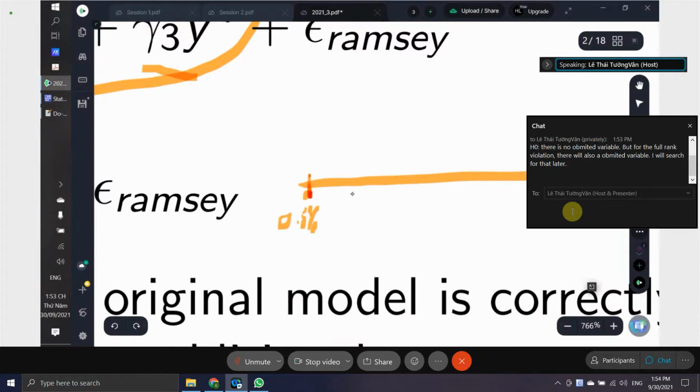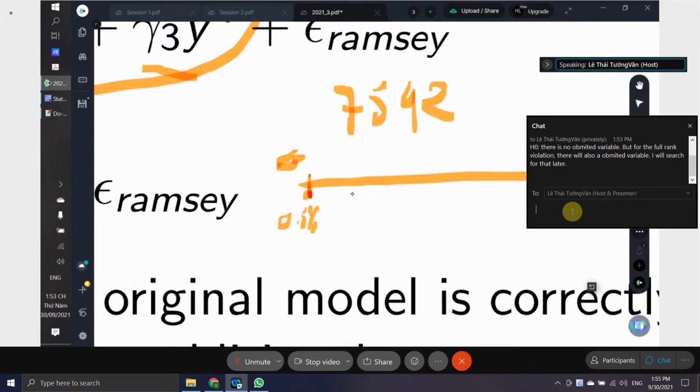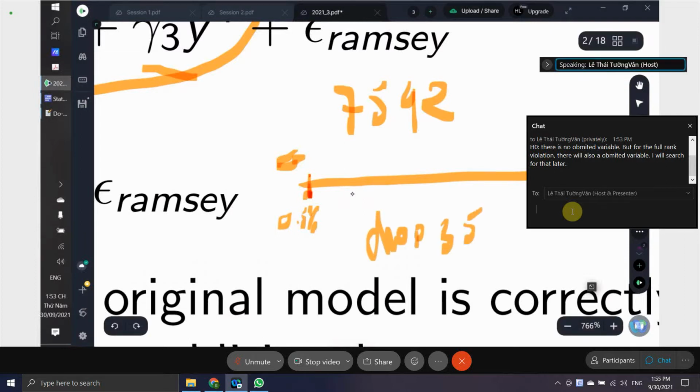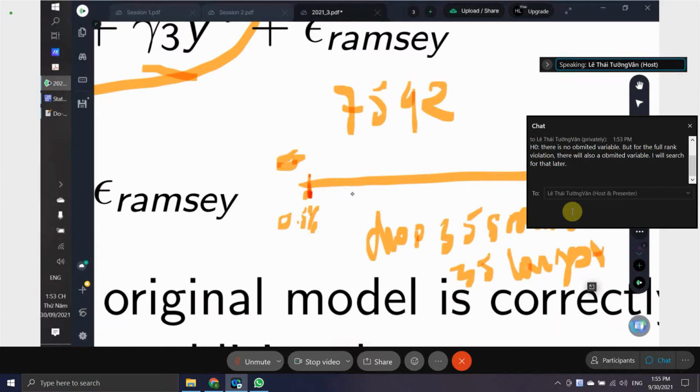I will delete any observation that is larger than the 99.5 percentile and any that is smaller than the 0.5 percentile. Meaning that of the 7,542 observations, I will drop the 35 smallest and the 35 largest observations.